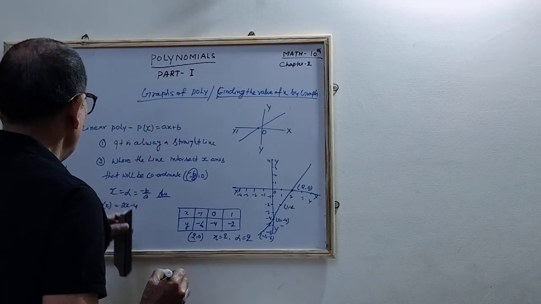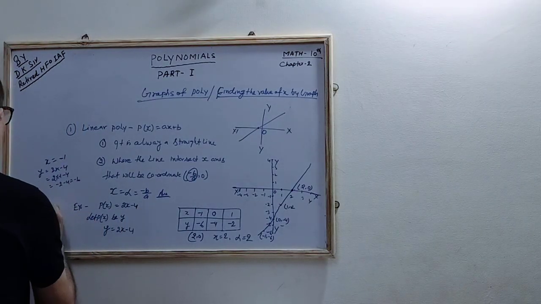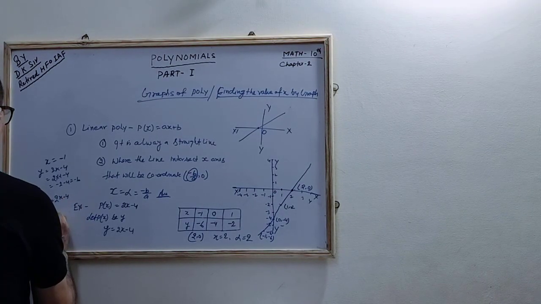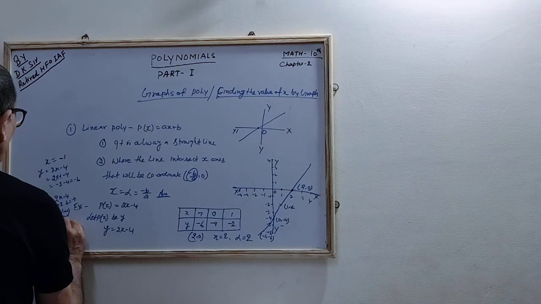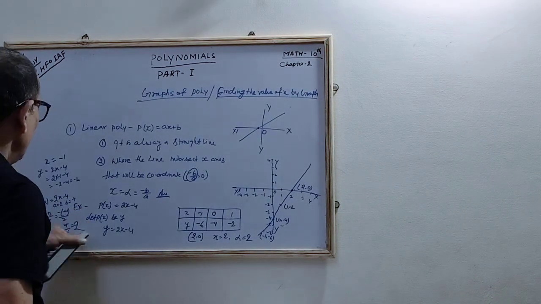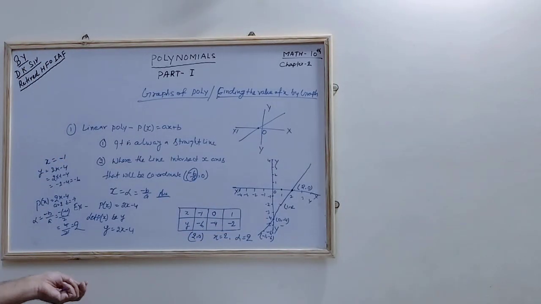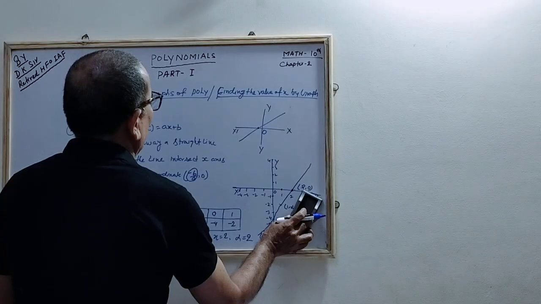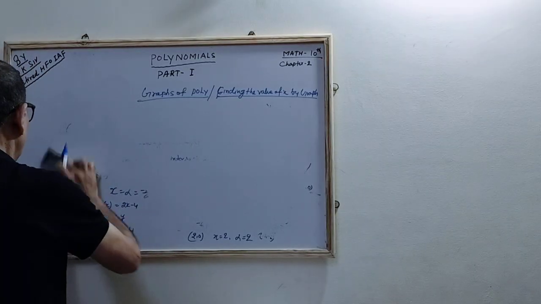By the formula also we can check it. p(x) is equal to 2x minus 4, and you know that alpha is equal to minus b by a. Here a is 2 and b is -4, so it becomes -(-4) by 2, which is 4 by 2, so the answer is 2. So we have learned three ways: the graphical method, the formula, or simply solving the linear equation.